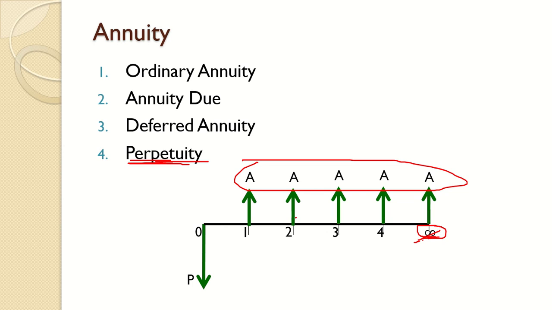So that's perpetuity. And perpetuity is the simplest type of annuity. Later you will realize that it is much easier to calculate perpetuity compared with the other types of annuity.